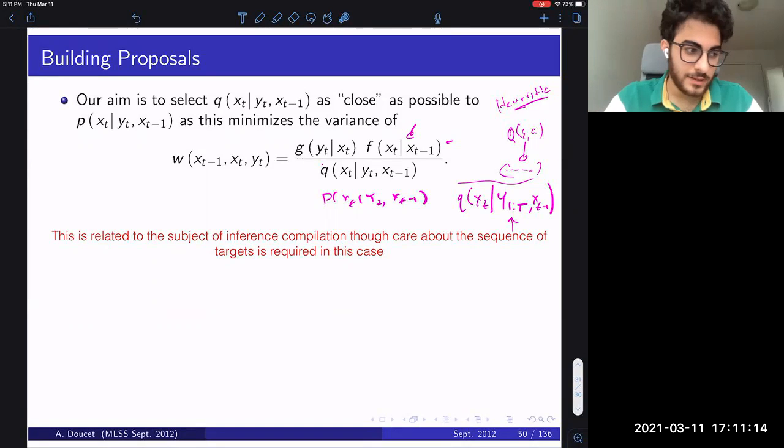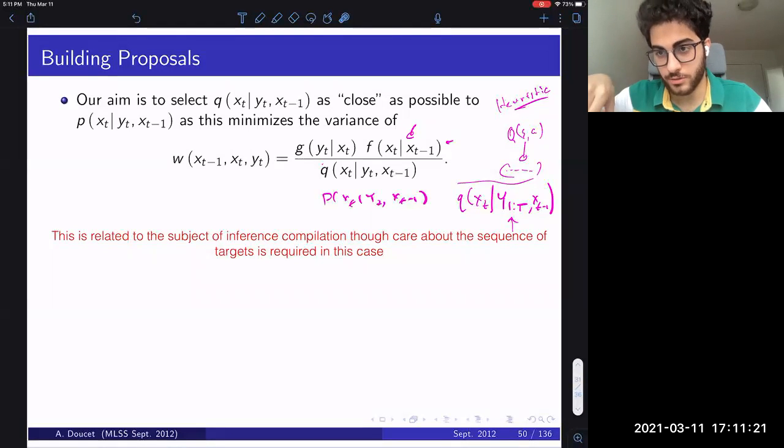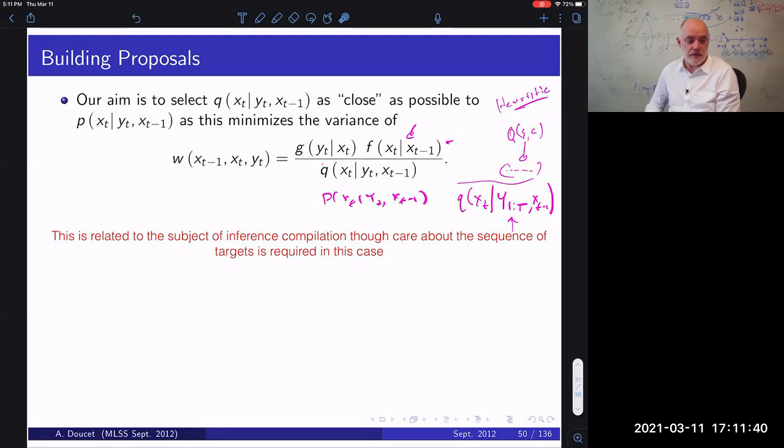So the thing is that when computing log of P of joint distribution over Q, our proposal, if we assume that our variables are independent, then we end up with log of W equals log of sum of log of observed variables, right? Am I right? Depending on the structure of P, yeah, it will decompose.